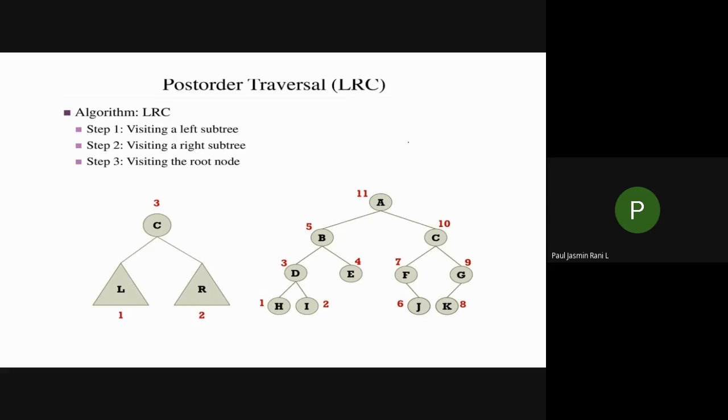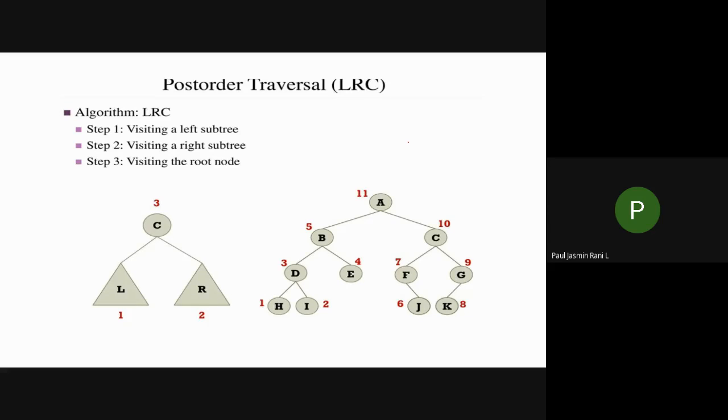So let's see what happens in your post-order traversal. Actually, post-order traversal is the opposite of your pre-order traversal. In pre-order traversal, we visited our root node first, isn't it? But in post-order traversal, you have to visit your root at the last. But you have to travel your left subtree first.